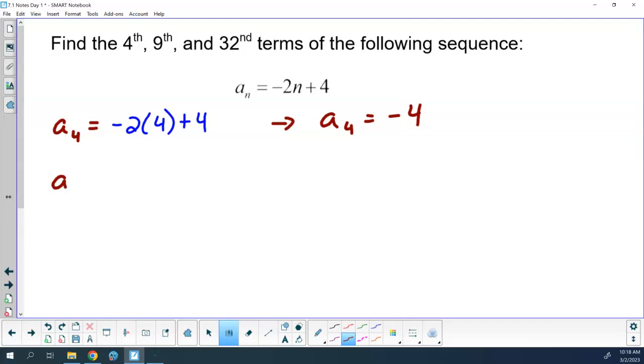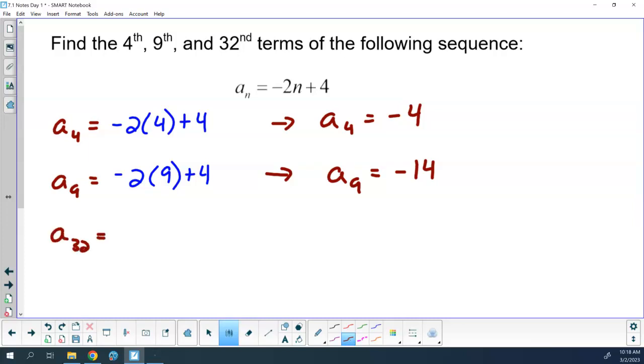Ninth term. It's going to be negative 18 plus 4 is, I got negative 14. 32nd term. Negative 64 plus 4 gives me negative 60.